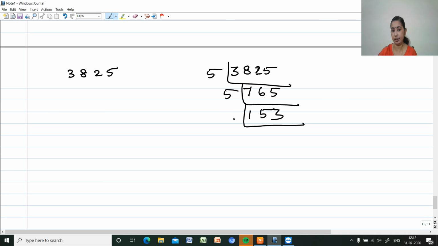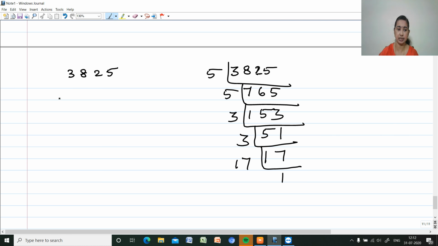Again it won't go in 5, so we can factorize using 3. 3 fives are 15, 3 ones are 3. Again with 3, 3 ones are 3, then 21 means 3 sevens. So 17 is a prime factor, so we have to stop there.